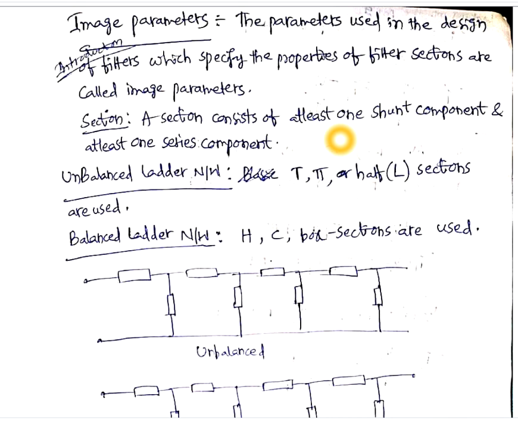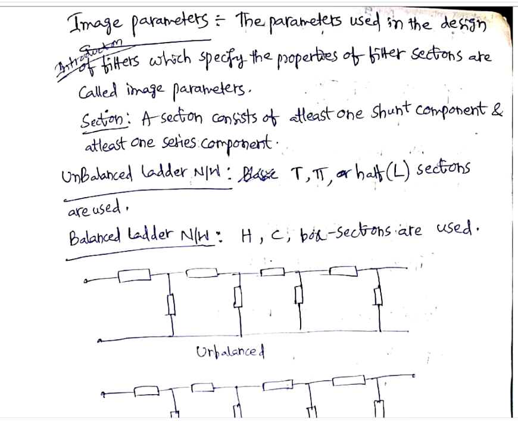We also have ladder networks, where different sections are connected in cascade manner so that it looks like a ladder. They may be 2 or 3 T, L or pi sections connected together in cascade, and in those ladder networks we can have either an unbalanced ladder network or a balanced ladder network.